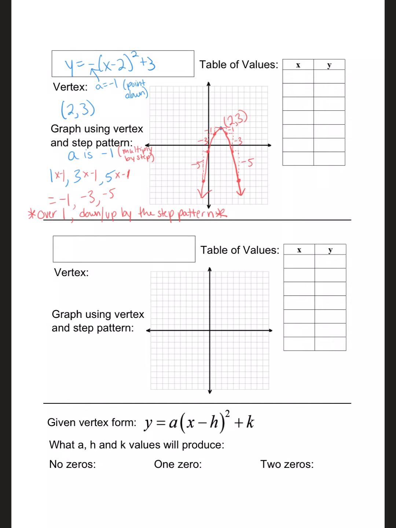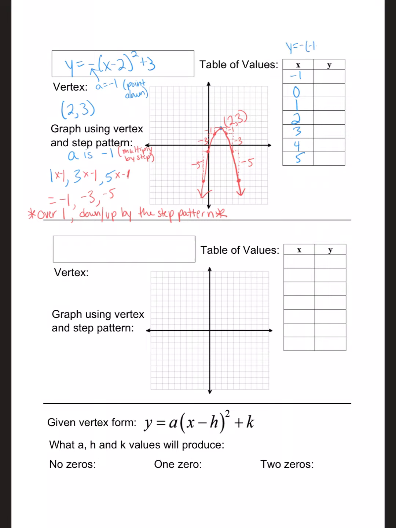I'm going to use some values other than -3 just based on how we graphed this. So our vertex was at 2, so I'm going to do 3 points on either side of that. So I'll go 1, 0, -1, and I'll go 3, 4, 5. Okay, if I substituted in a -1, I'm just going to sub it in up here.